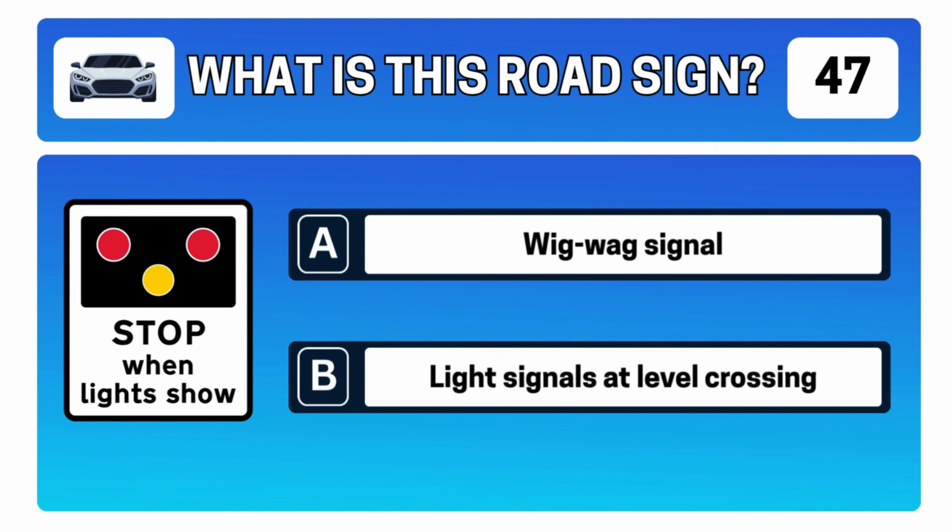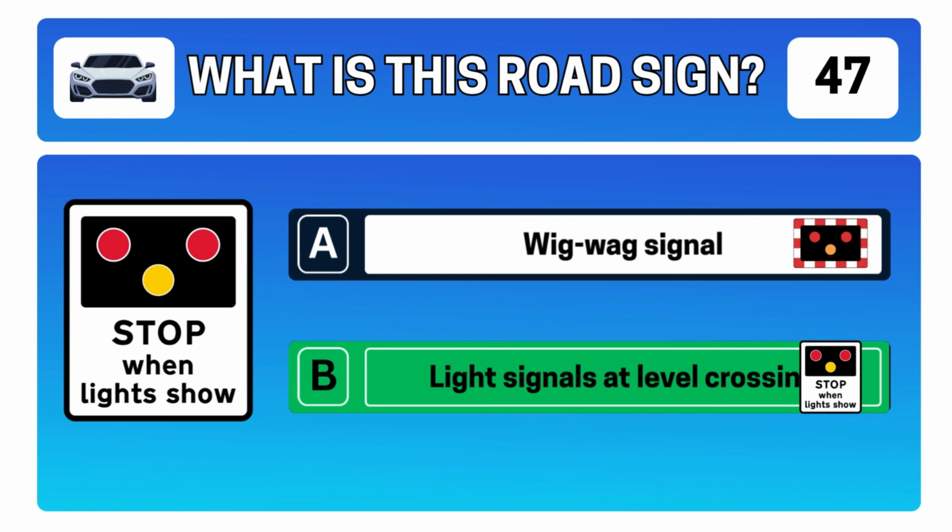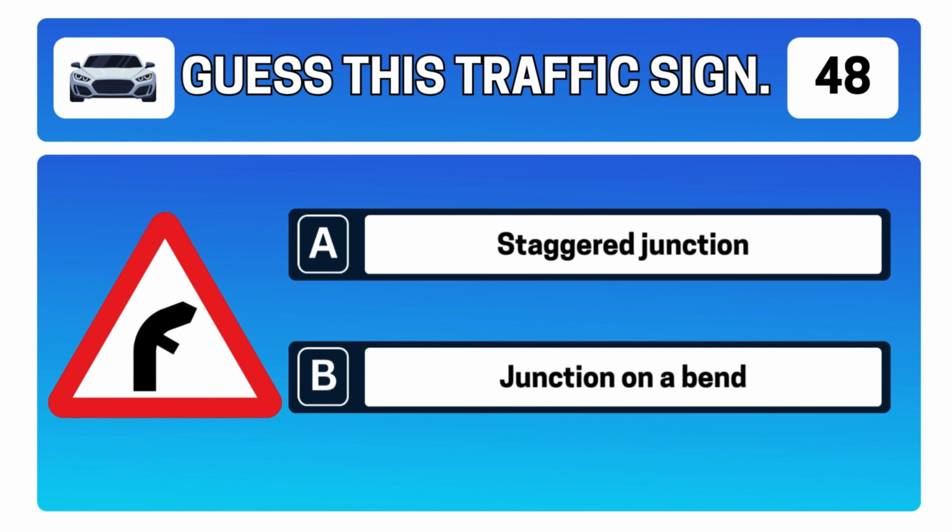What is this road sign? A. Wigwag signal. B. Light signals at level crossing. Good catch! It is the light signals at level crossing sign. Guess this traffic sign. A. Staggered junction. B. Junction on a bend.